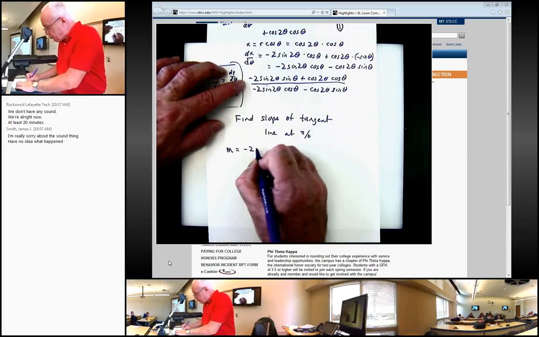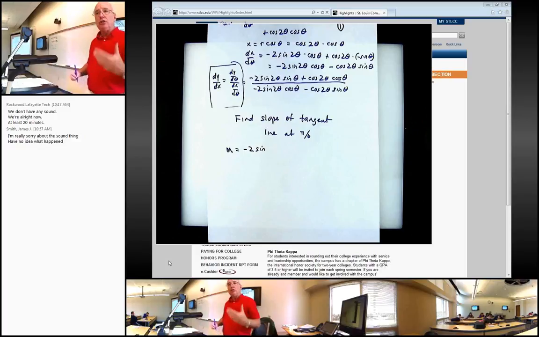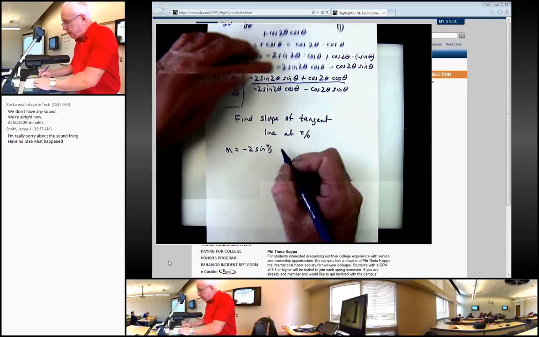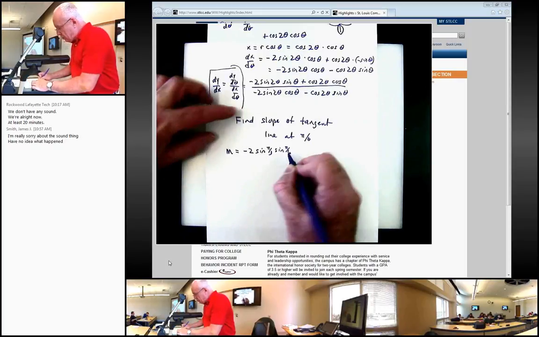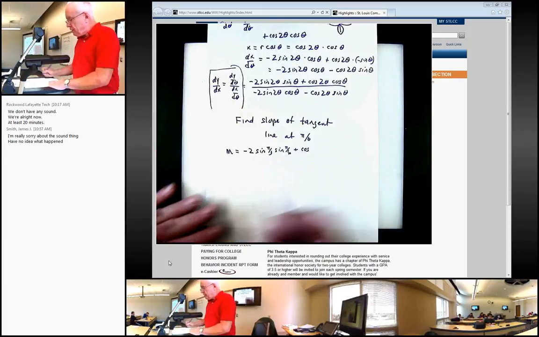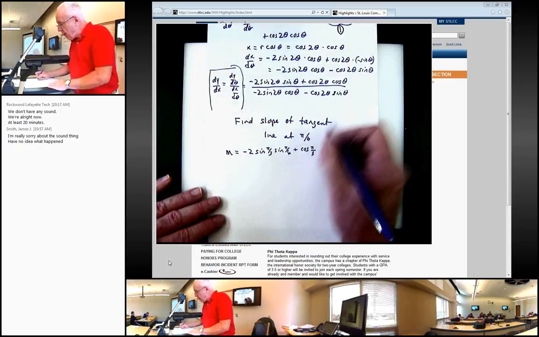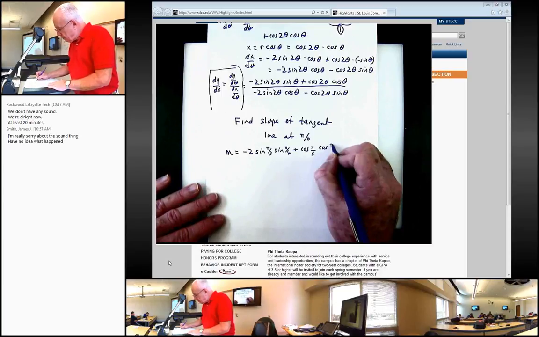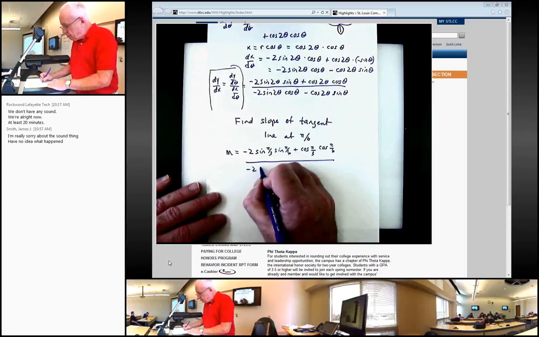Minus 2 sine, now that's 2 times theta, so that's 2 times pi over 6. So let me just right now put pi over 3 times the sine of theta, sine of pi over 6, plus cosine of 2 theta, so that's going to be pi over 3. Cosine of theta is cosine of pi over 6, all over minus 2.